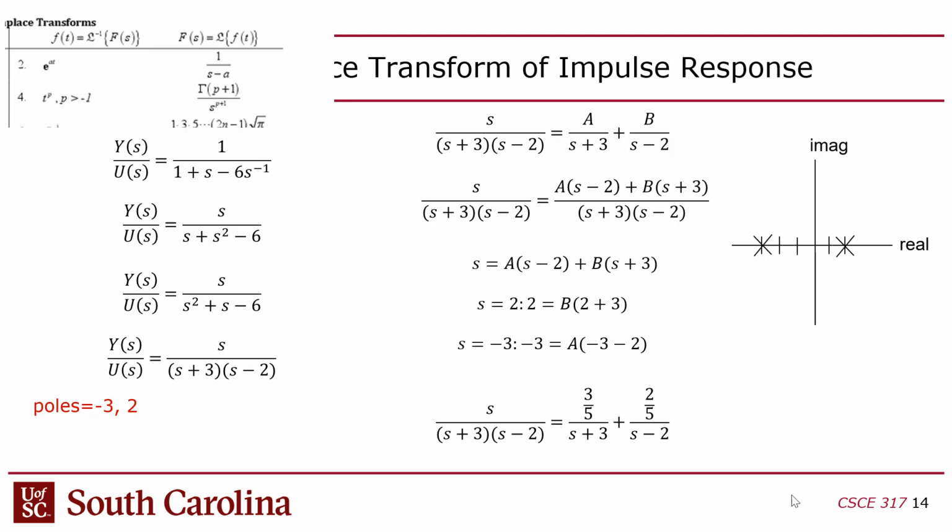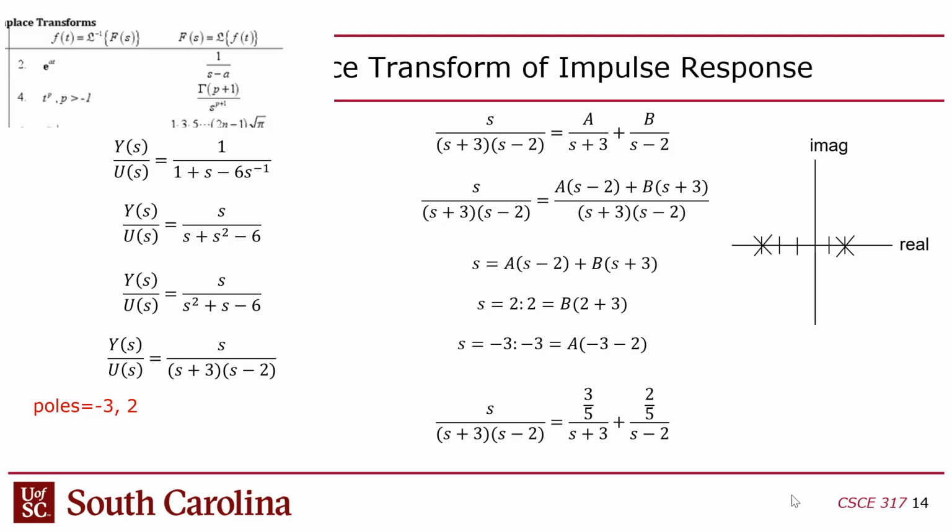Now, by the way, this only works if A and B are unique values. If A and B are the same value, you can't use this approach. It makes it impossible to solve. So this is a very specific case where we can solve for A and B even though we only had one equation, right? But once you have this, then you have these two terms which you can take the inverse Laplace of, right?